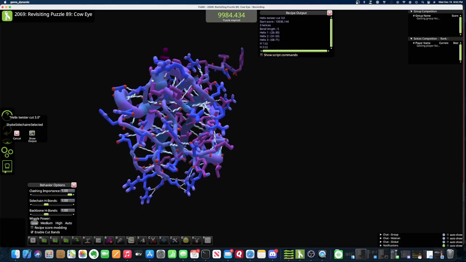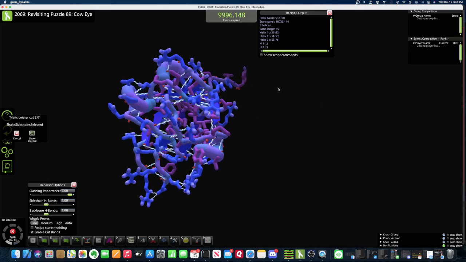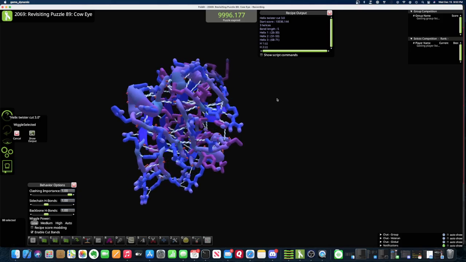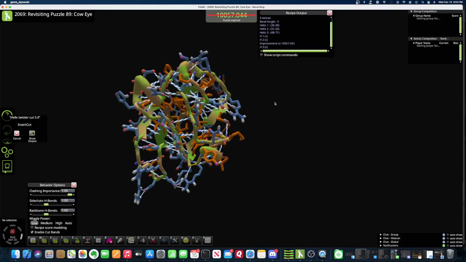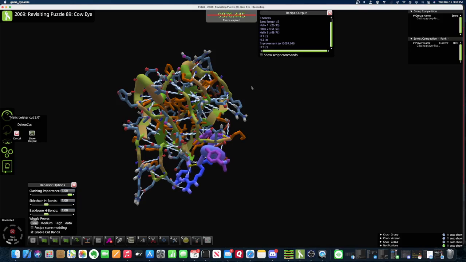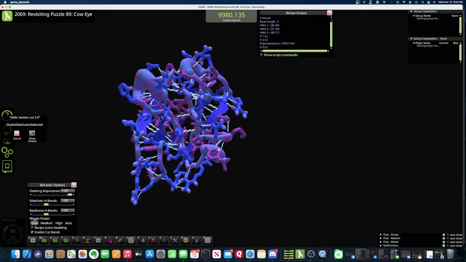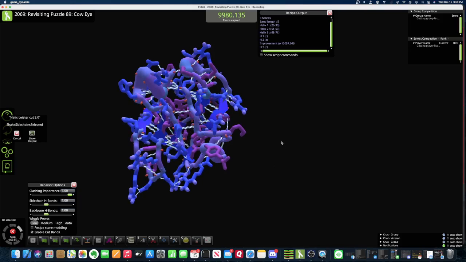And then once it's twisted it enough, as you told it by the band strength, it relaxes it by wiggling and checks the score to see if it improved or not. And you can see there, oh, look, we managed to get a little more. We're up to 10,057.